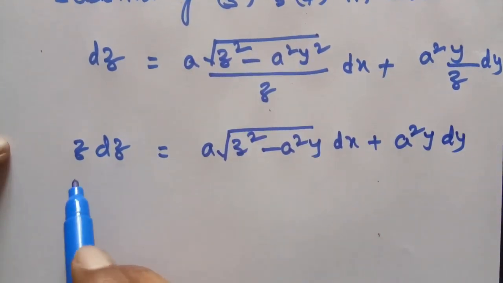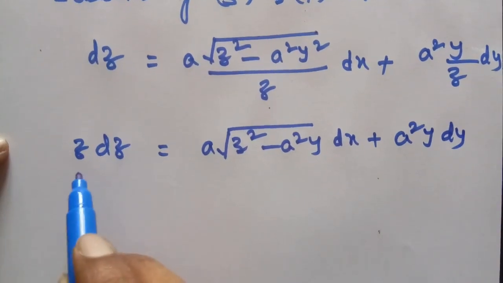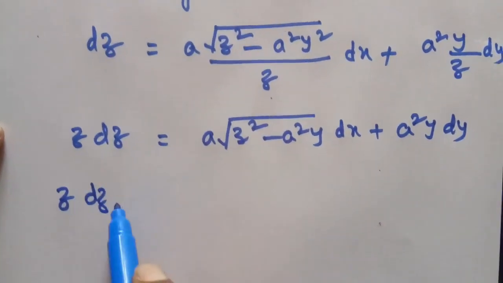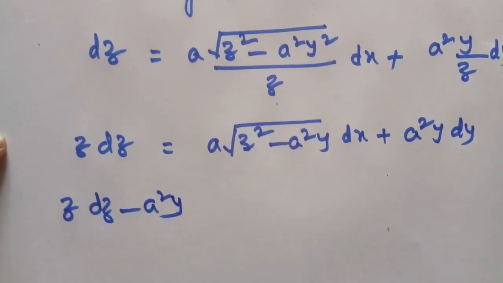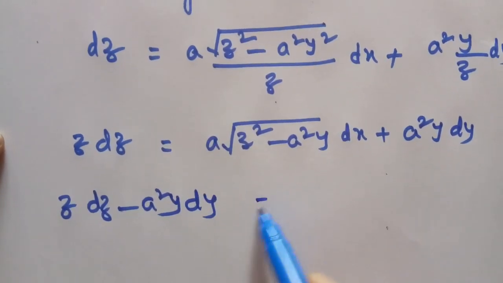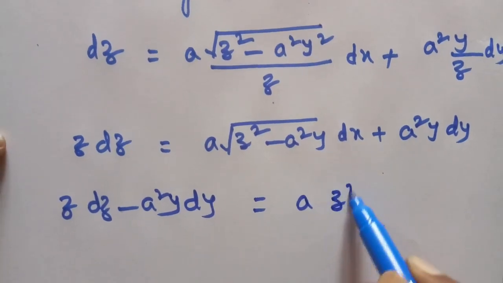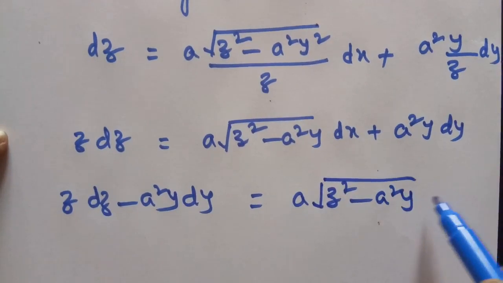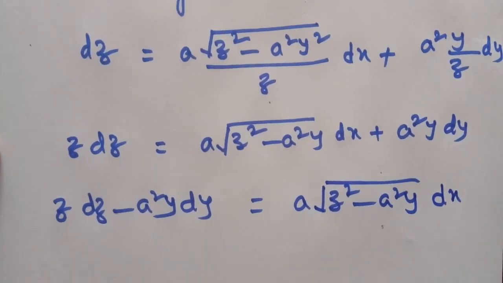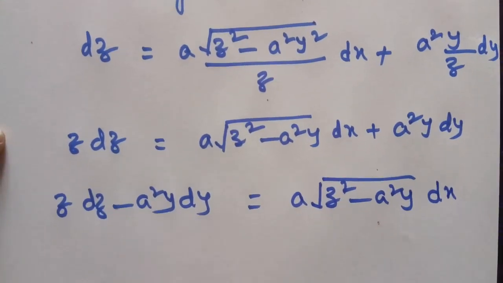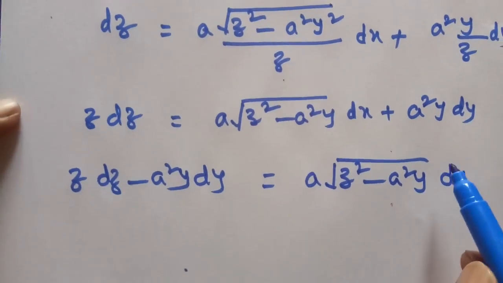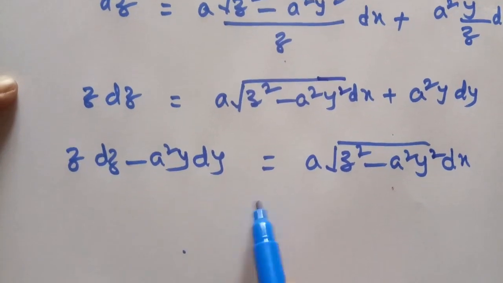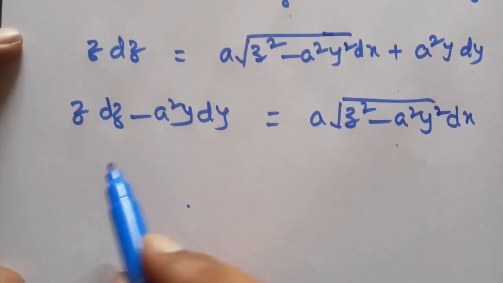Therefore, this can be written as z dz minus a square y dy is equal to a into z square minus a square y square into dx. Again this can be written as follows.